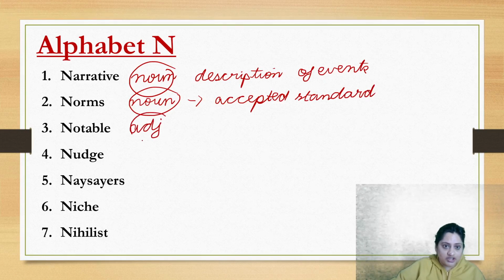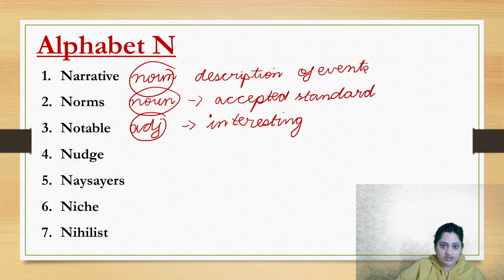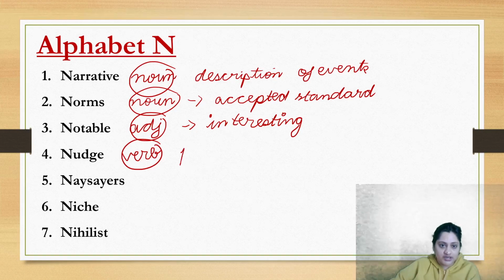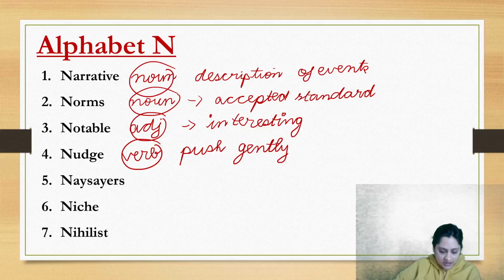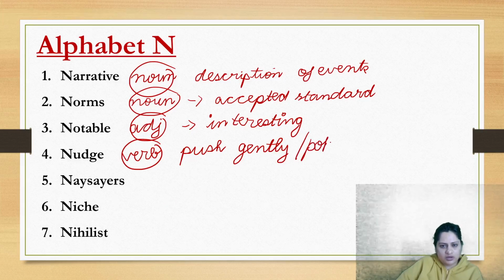Notable is an adjective meaning interesting or important, something you should give attention to. Nudge, you all know, is a verb: to push gently, to try to encourage. Basically a slight push, a small encouragement.